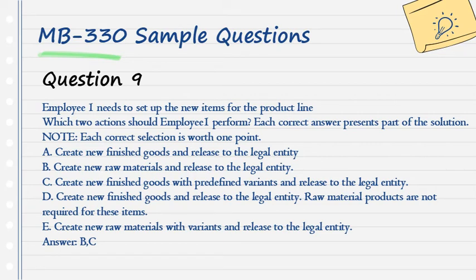C. Create new finished goods with predefined variants and release to the legal entity. D. Create new finished goods and release to the legal entity. Raw material products are not required for these items. E. Create new raw materials with variants and release to the legal entity. Answer: B, C.